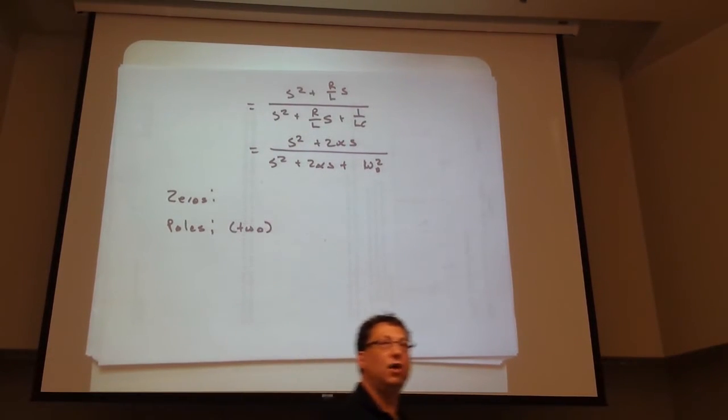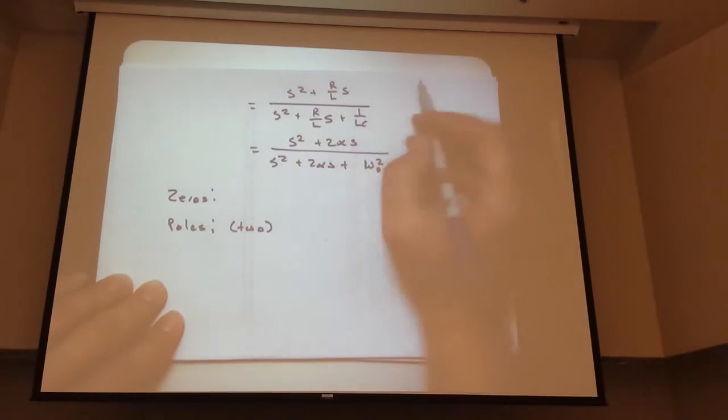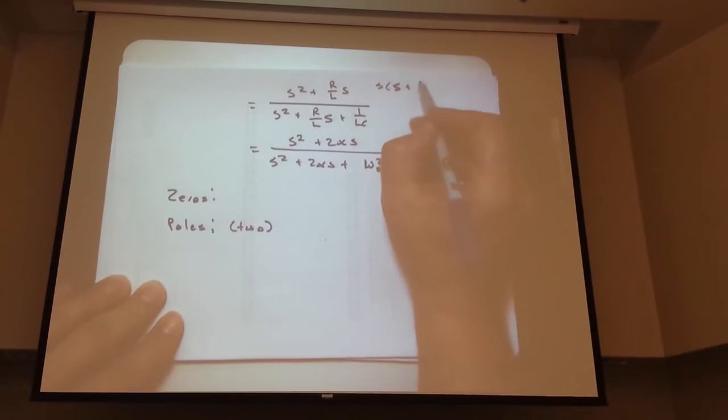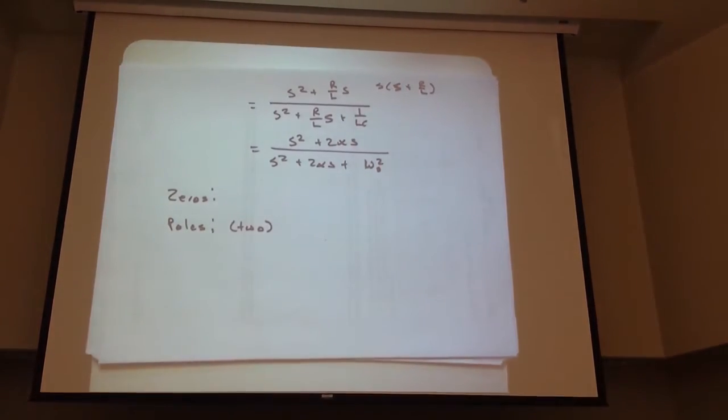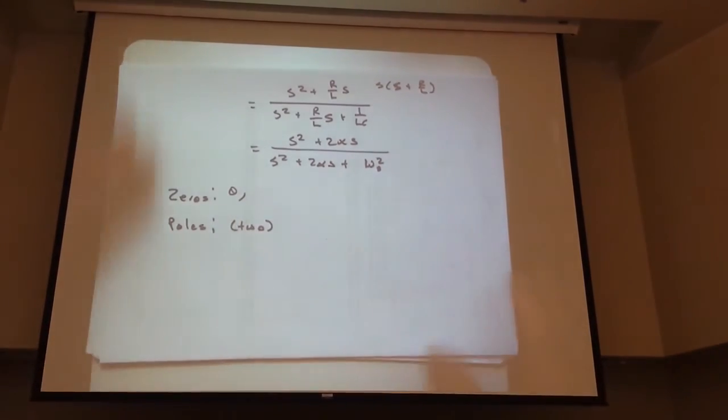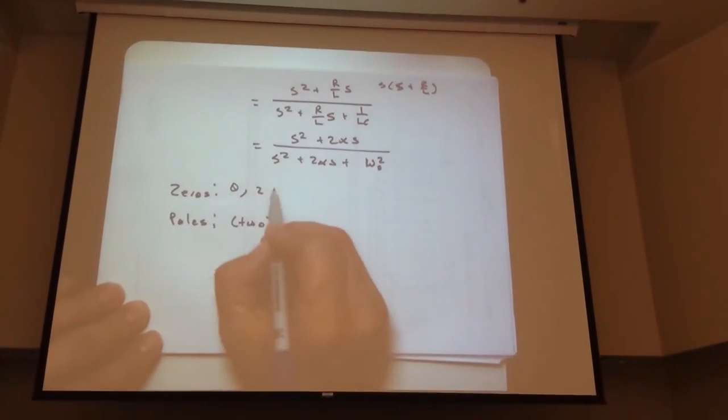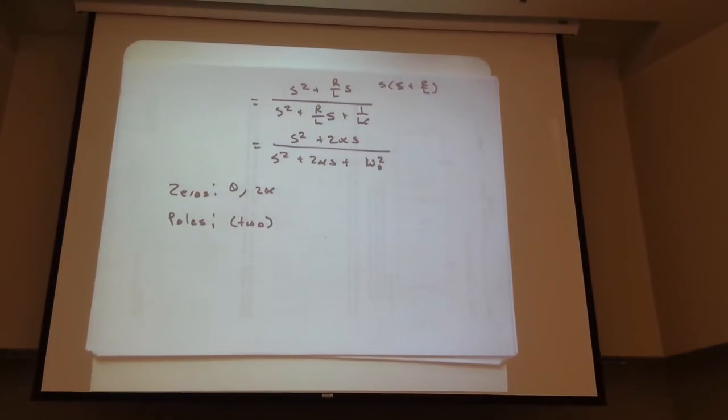We know 1 zero is at 0, right? And we can factor this out. This is equivalent to S times S plus R over L. So there's a zero at 0 and another one at 2 alpha. Do we agree?